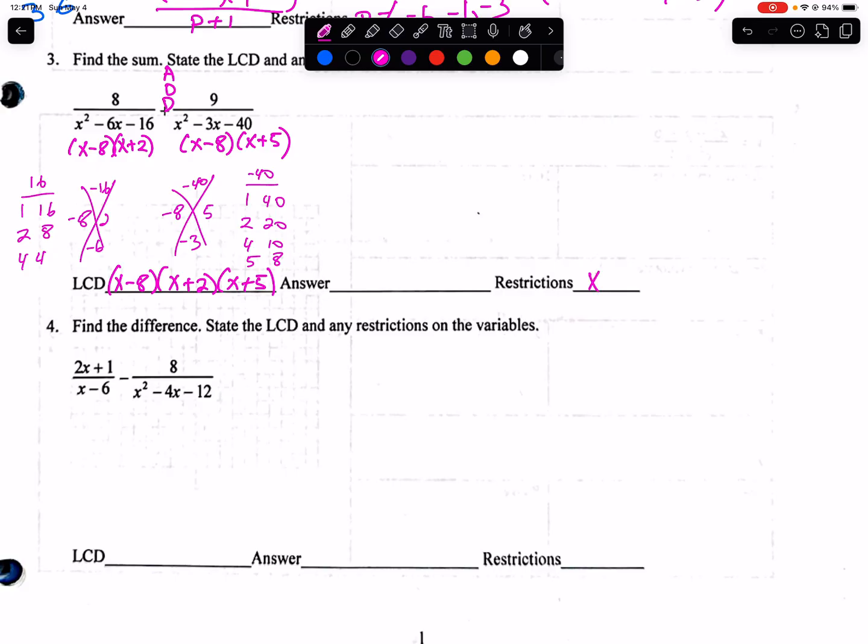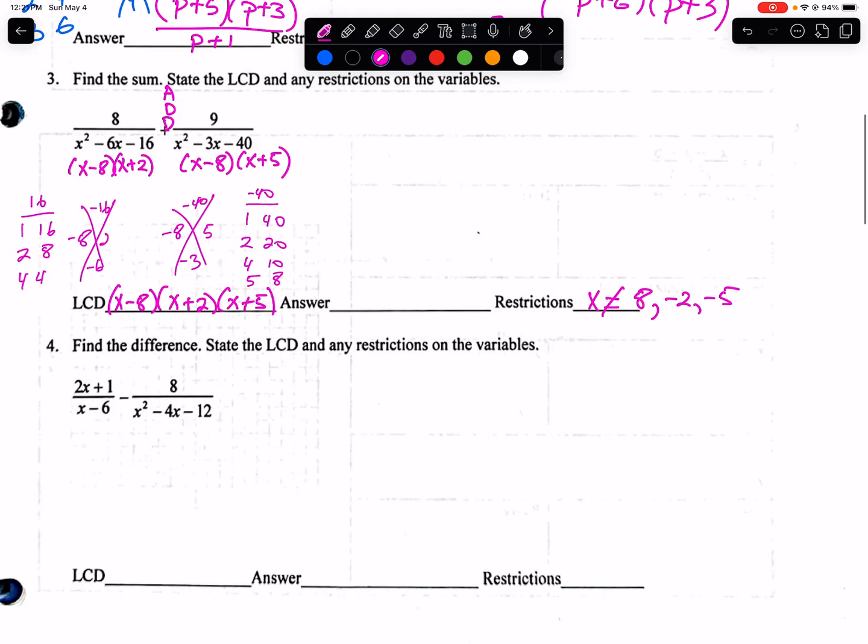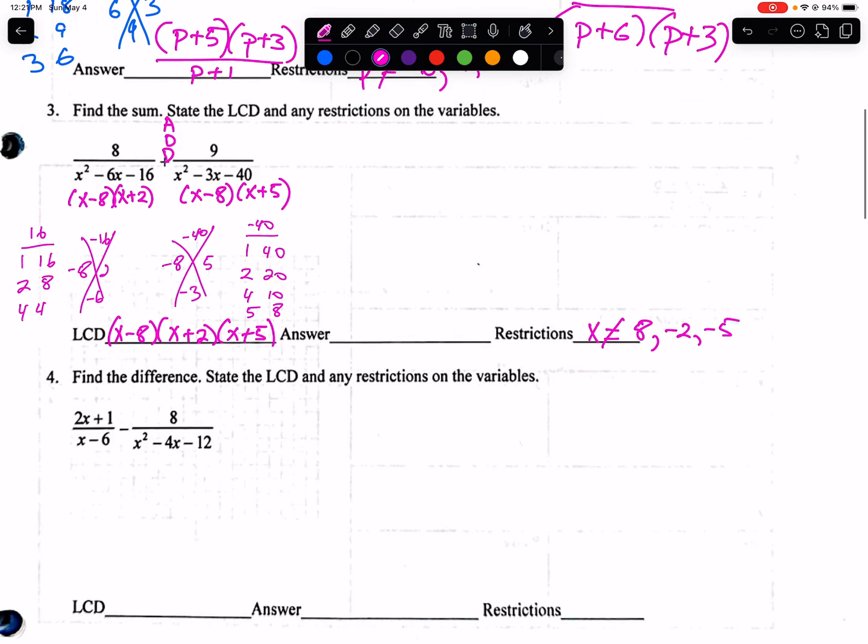So then the restrictions are: x cannot equal 8, x can't equal -2, and x can't equal -5. Perfect. Now you multiply by what it doesn't have, right? So multiply by what's missing.